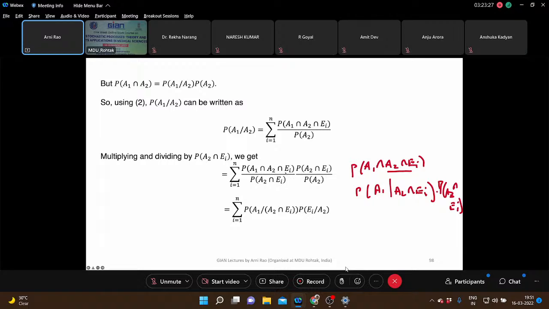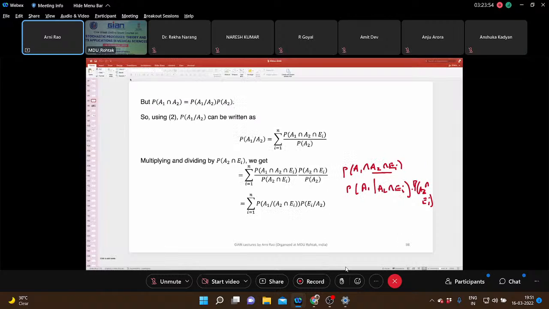Then, if you treat A2 intersection EI together, this is A1 given A2 intersection EI. That means the probability of A given A intersection B is the probability of A given B multiplied by the probability of B. So you apply it again, twice.